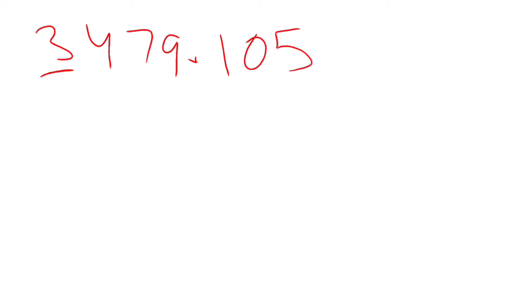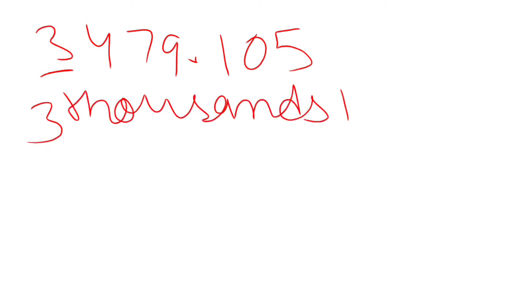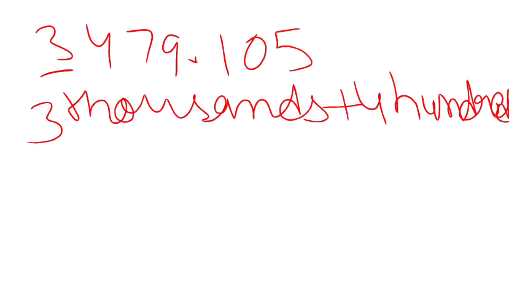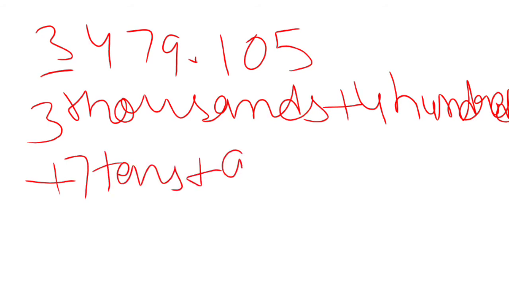So this is on the thousands place. 3000 thousands plus 4 hundreds. Then plus 7 is on the tens place. Then plus 9 is on the ones place.